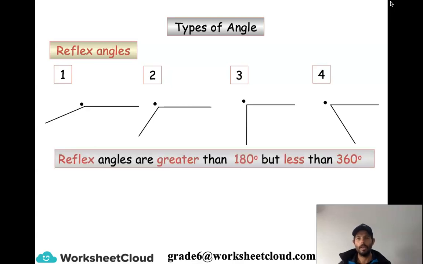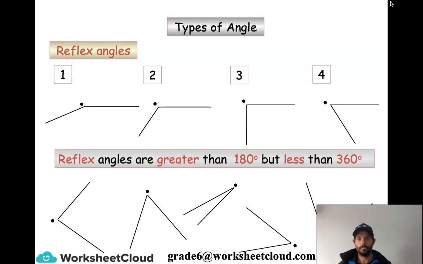Your reflex angles are greater than 180, but less than 360. Reflex angles go around the outside of where two lines meet, and those are all reflex angles on the outside of where the two lines meet.